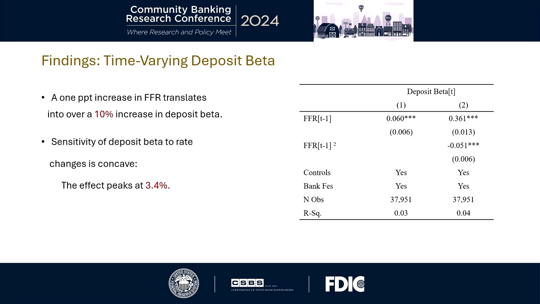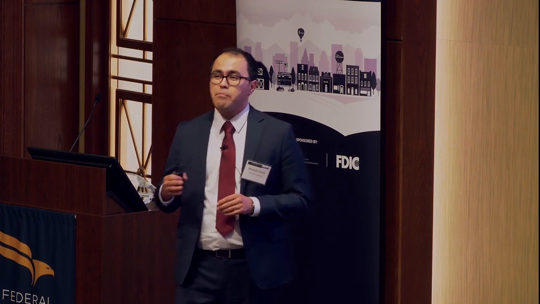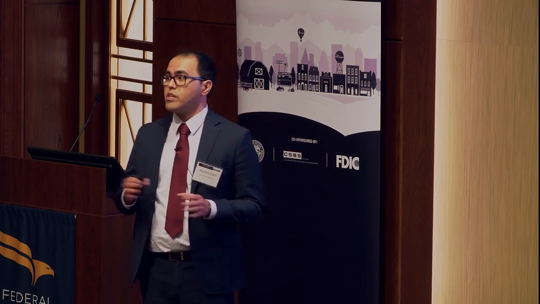Next, this is our first result. What we did here is we establish a relationship between the levels of interest rate and deposit beta. And what we find is if interest rates are increasing, deposit betas will be positively associated with that. We also include a square term to look for nonlinearity. And this relationship is not linear. Actually, this relationship is concave, and it peaks around 3.4 or 3.5%.